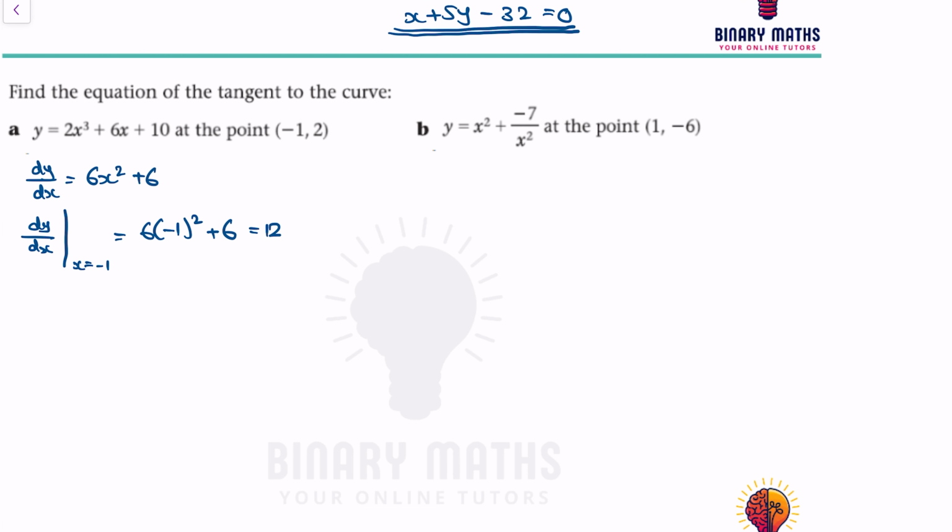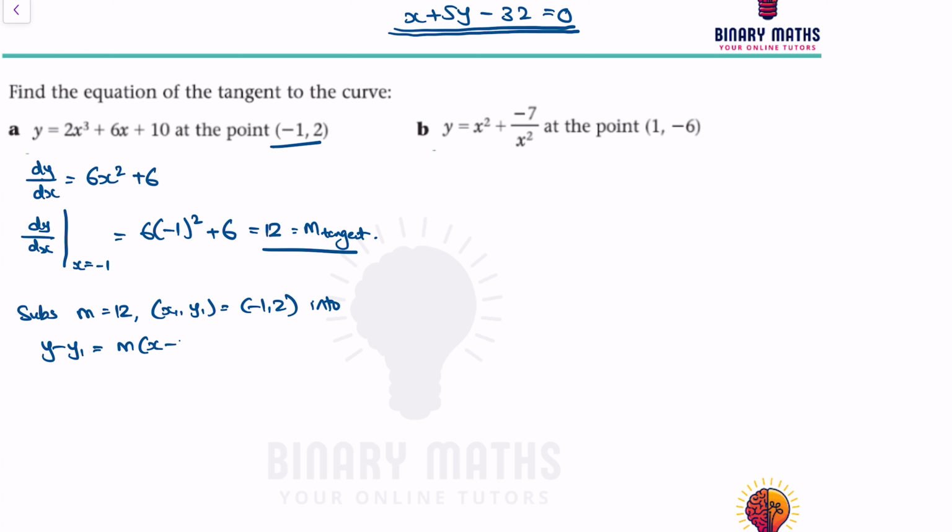So the gradient of the tangent, this is the gradient of the tangent, remember. Okay, now I've got my point and I've got my gradient, which means I just need to substitute m is equal to 12 and x1, y1 is equal to minus 1, 2 into y minus y1 is equal to m times x minus x1, which gives me y minus 2 is equal to 12 times x plus 1, which means y minus 2 is equal to 12x plus 12, which means y is equal to 12x plus 14.